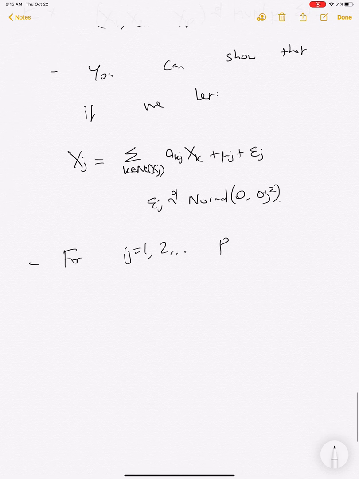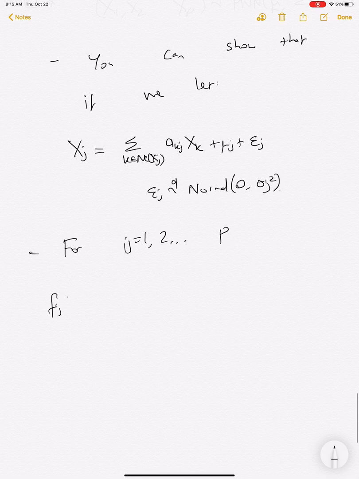So another way to think about that is that fj of xj given x neighbors of xj is equal to the standard normal distribution.